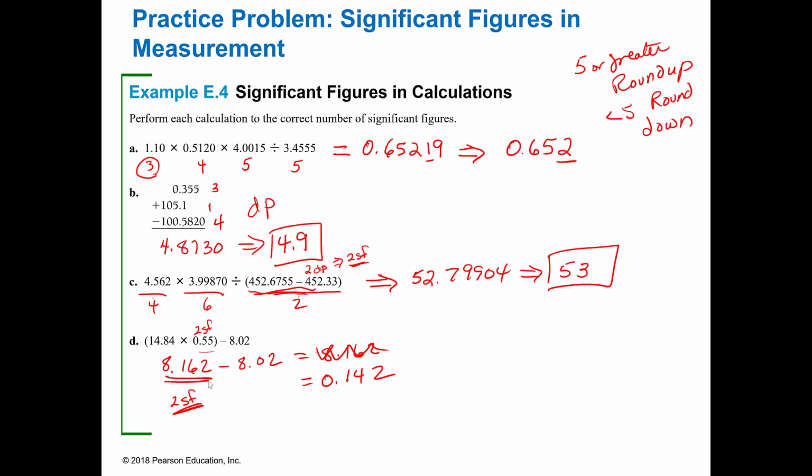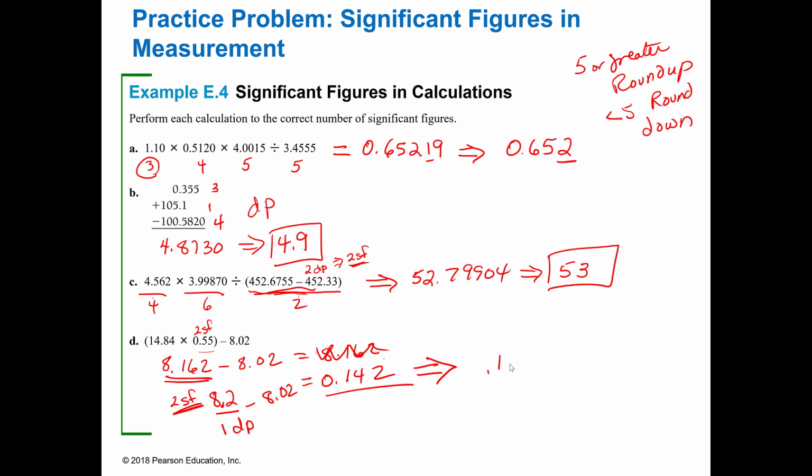So if this one only had two significant figures, that means it would have been 8.2, right? So that means that if I'm doing something with two significant figures or one decimal place minus 8.02 and I get 0.142, my answer can only have one decimal place because the last thing I'm doing is subtracting.